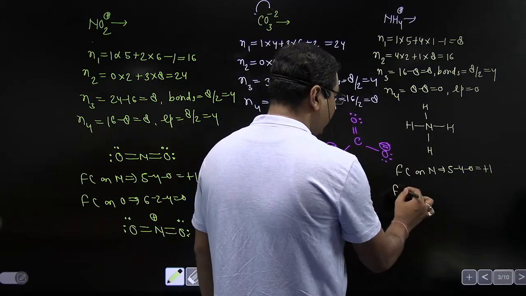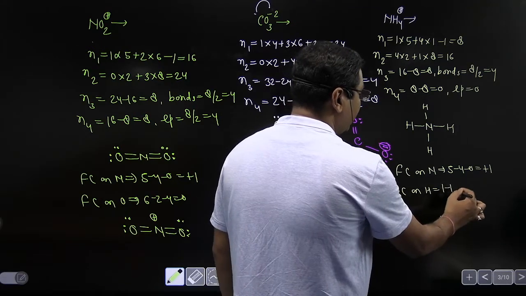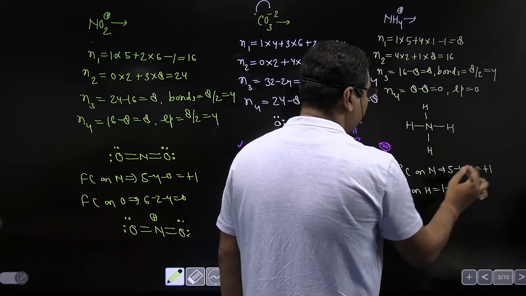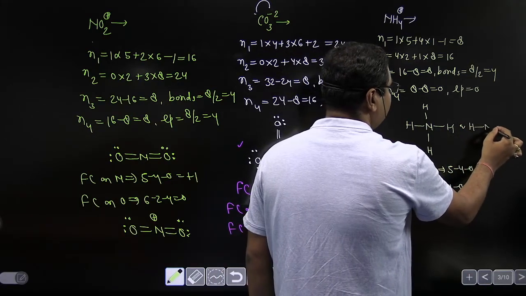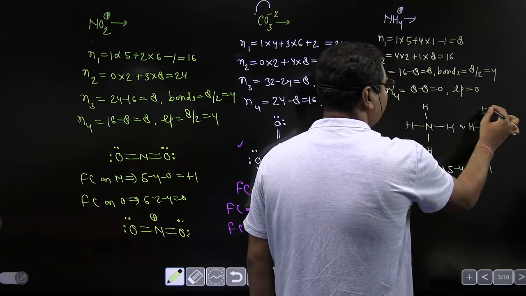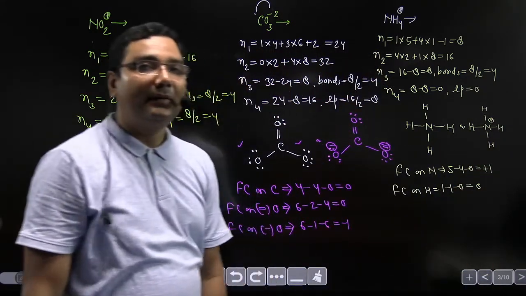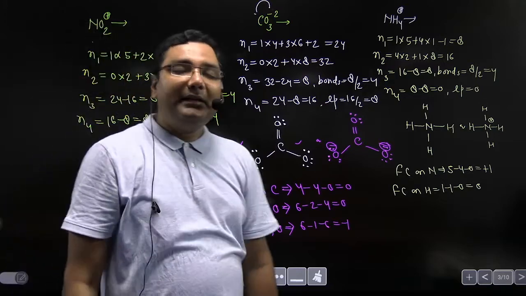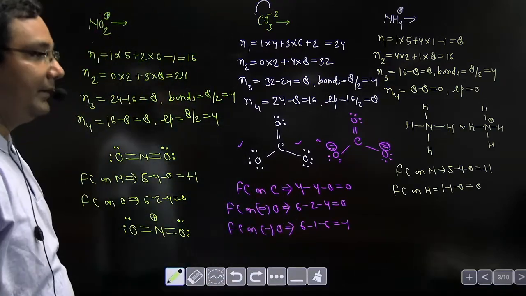And the formal charge on hydrogen is 1 minus 1 minus 0 equals 0. So I can write this NH4 plus like this. This N contains a formal charge of positive 1. So this is now NH4 plus. So you can see by the help of this rule we can draw the structure of any molecule very easily.